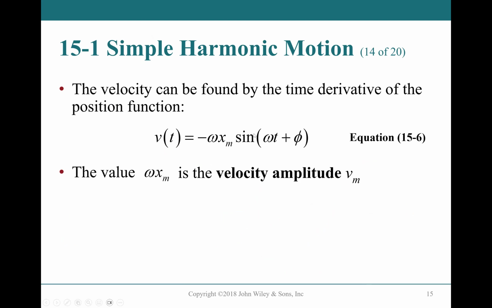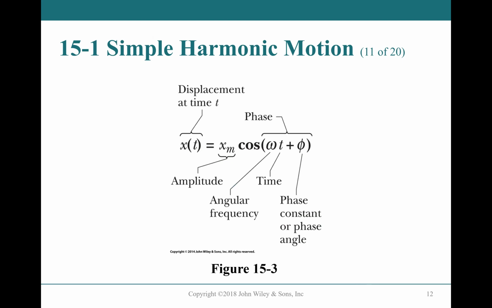And the velocity can be found by the time derivative of the position function. So let's go back to take a look at our position function, okay? And we know the first derivative of displacement is velocity. So we can take a derivative with respect to time here, and you are going to get negative xm omega sine of omega t plus phi, right?